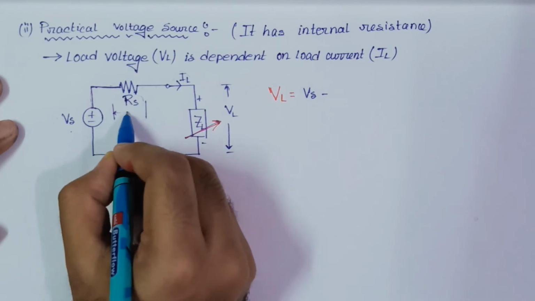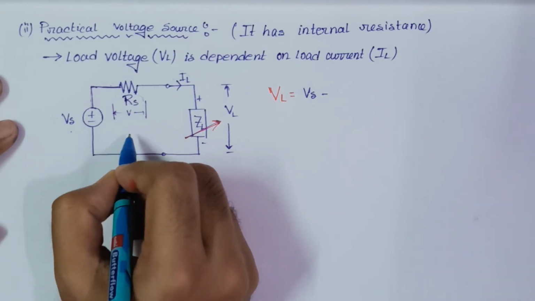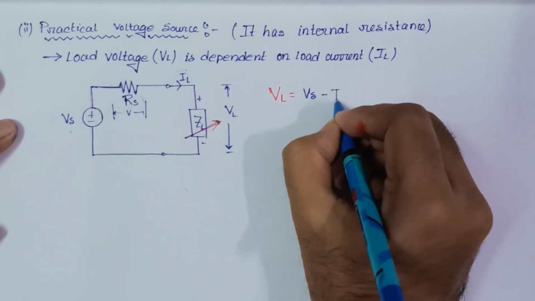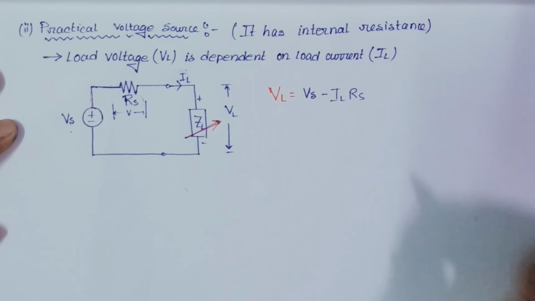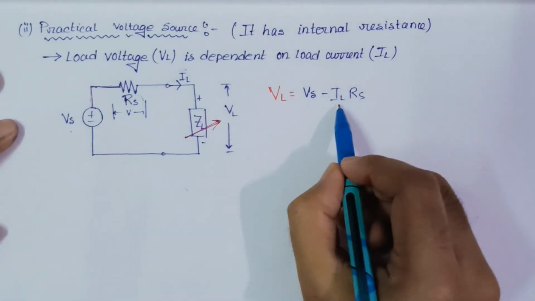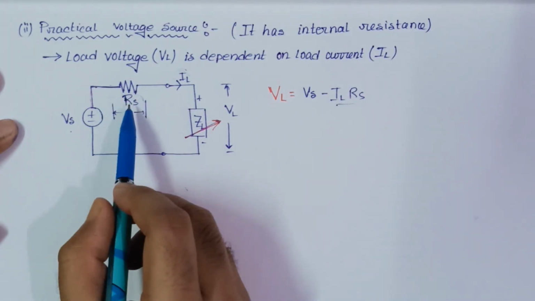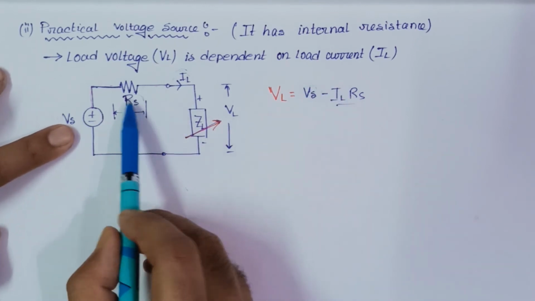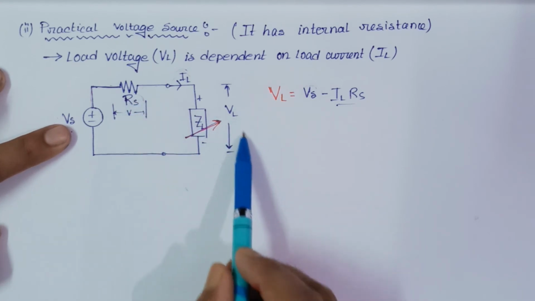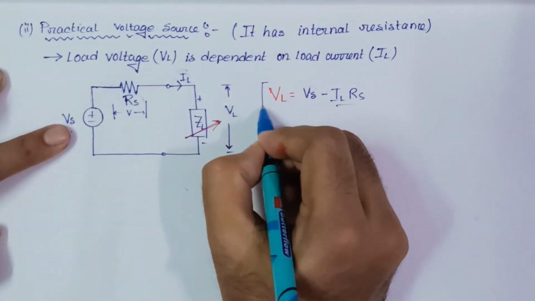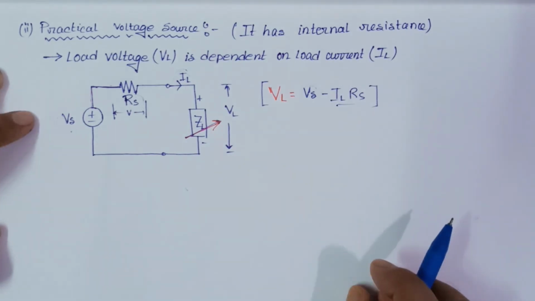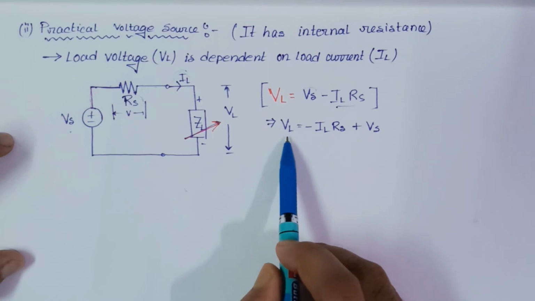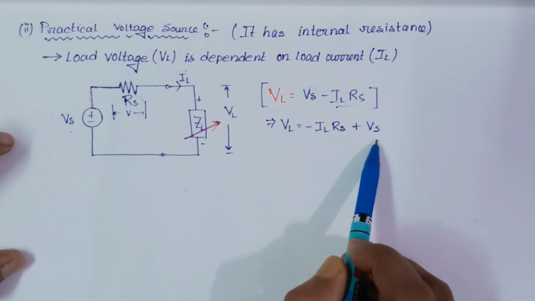We know from Ohm's law that the voltage dropped here, suppose I say it is V, will be equal to this current into this resistance, so it is IL into Rs. This is the voltage dropped across the Rs resistance, and this was your source voltage. So source voltage minus this dropped value, you will get the voltage VL. So VL equals Vs minus IL Rs.